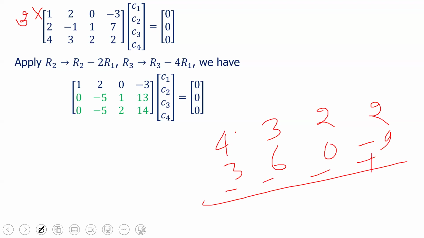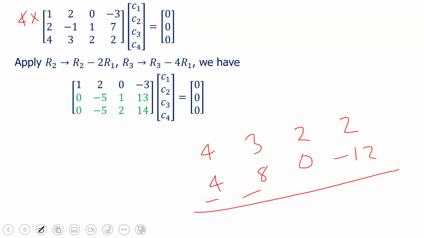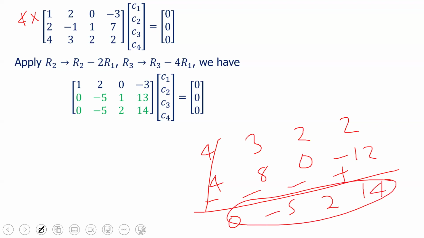Oh, sorry, we have to multiply by 4. So 4 into 1 is 4, 4 into 2 is 8, 0, minus 12. Minus, minus, minus, plus. This is 0, minus 5, 2, 14. Just look here, the last row is 0, minus 5, 2, 14.